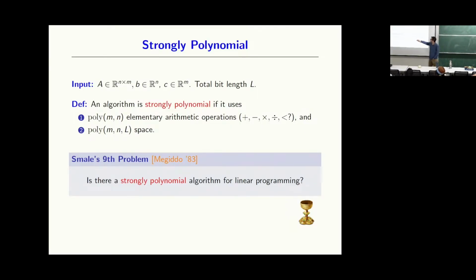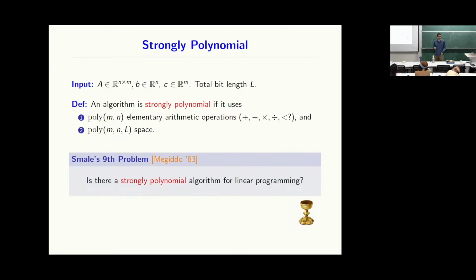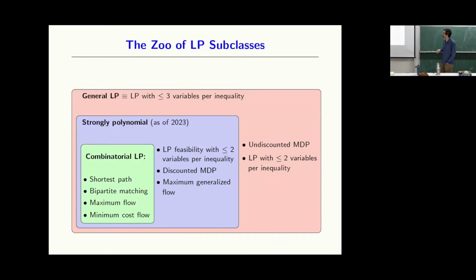And in this context, even if you forget the second bullet, so just give me any method whatsoever that uses a small number of additions, multiplications, and divisions, we have no idea. Somehow all the algorithms seem to require some dependence on the complexity of the coefficients.